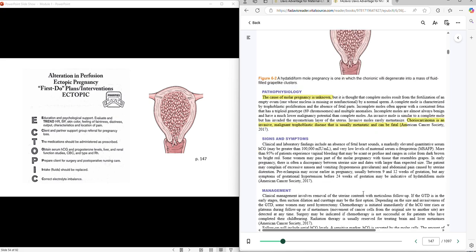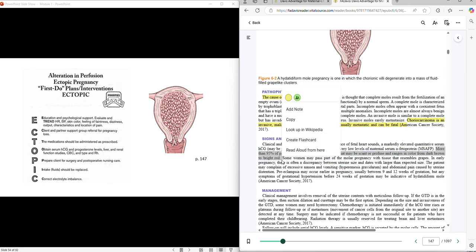Okay, some signs and symptoms that you need to know are more than 95% of patients experience vaginal bleeding. So if they see this, then that could be a sign that this is that GTD or that molar pregnancy.